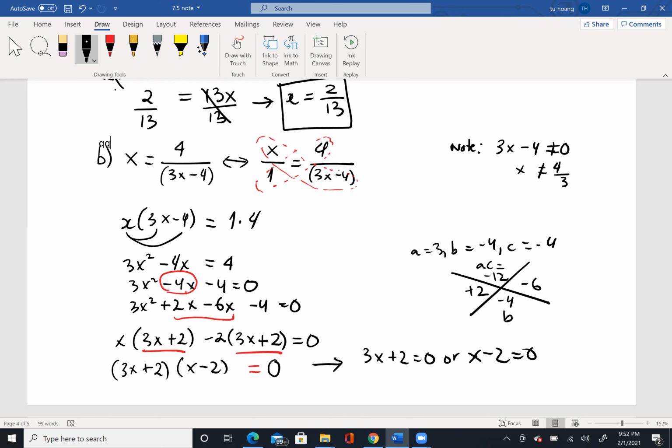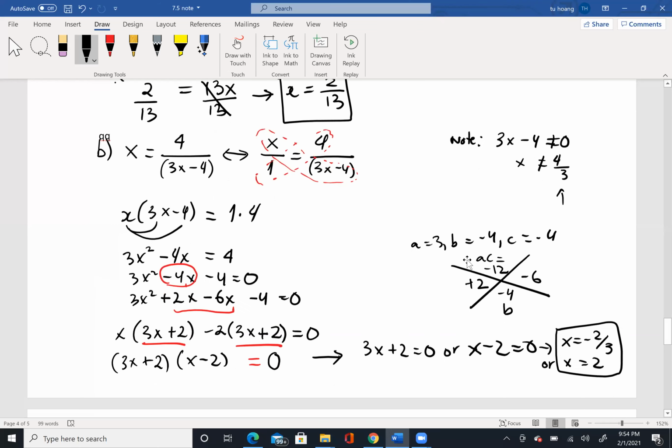And then you will have x equal to -2/3, or x equal to 2. These are the solutions. You make sure, are they equal to 4 thirds? No. So they all satisfy the solution.